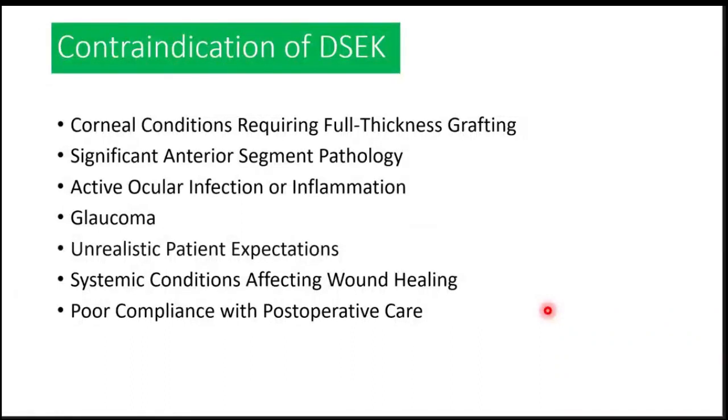In this kind of case, procedures like penetrating keratoplasty are more suitable and give better results than DSEK. Now, significant anterior segment pathologies, such as iris abnormality, severe corneal neovascularization, or anterior chamber abnormality, may make patients unsuitable candidates for DSEK due to the increased risk of intraoperative and postoperative complications.